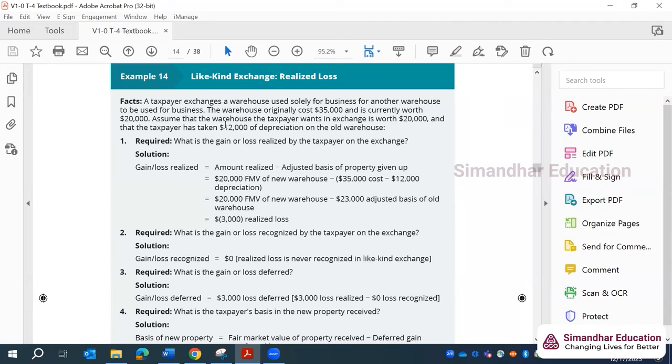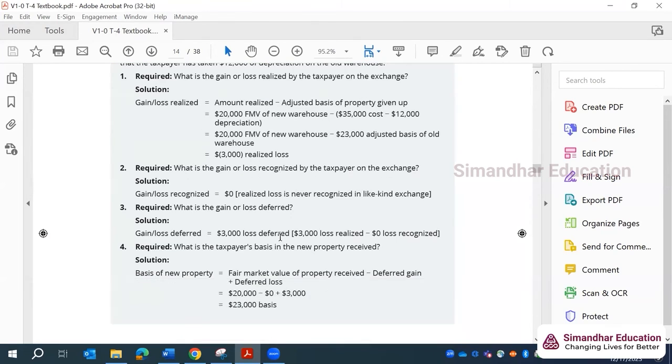I'm going to step up the property by the deferred losses of $3,000, and I'm going to book the property for $23,000. Now, let's say in future, if I sell this property for $21,000, what will be my gain recognition or loss recognition? I will recognize a loss of $2,000.